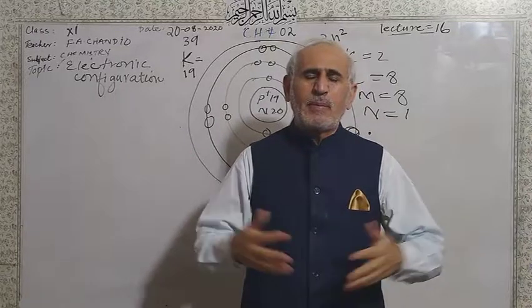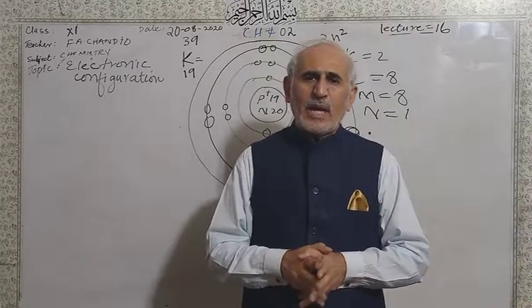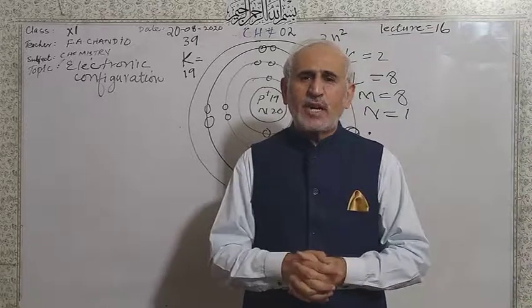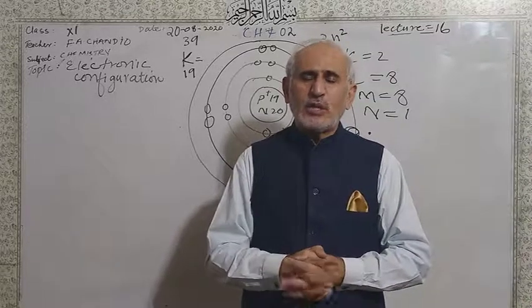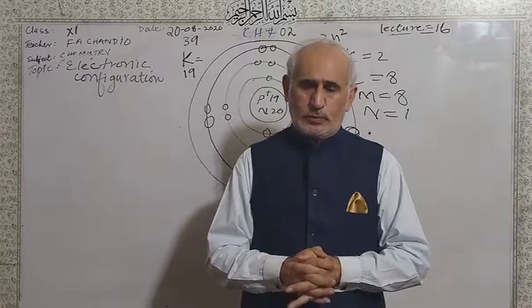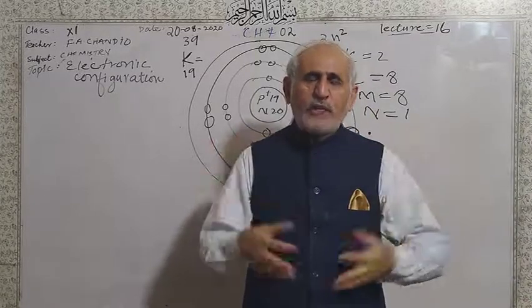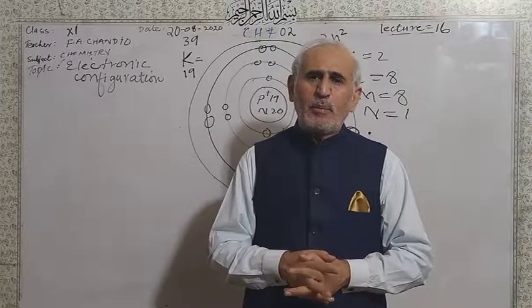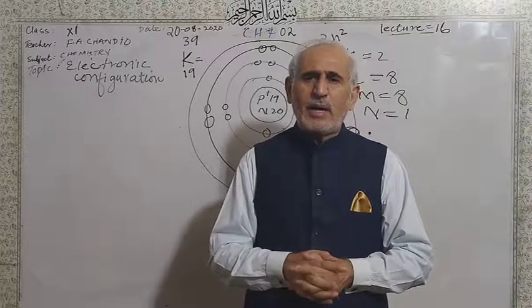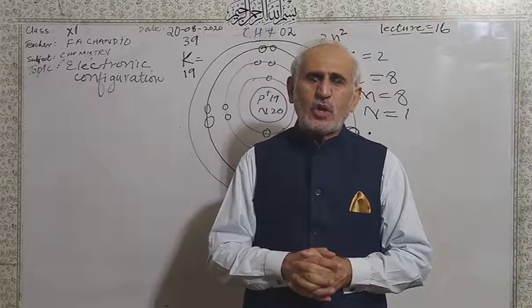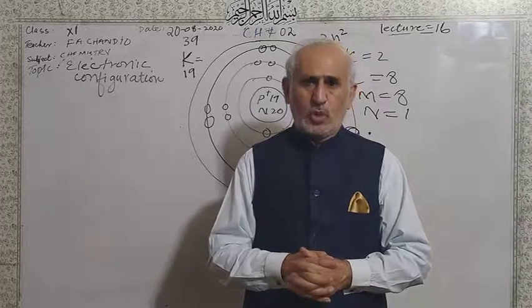Some elements complete their valence shell by 2 electrons, we call the duplet rule. And the majority of other elements complete their valence shell by 8 electrons, we call the octet rule.